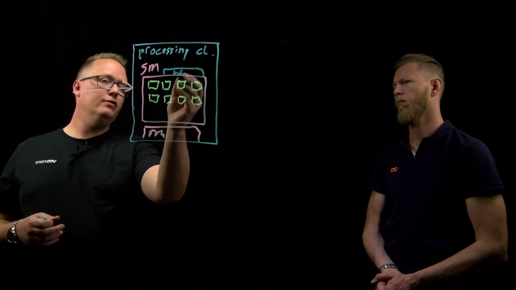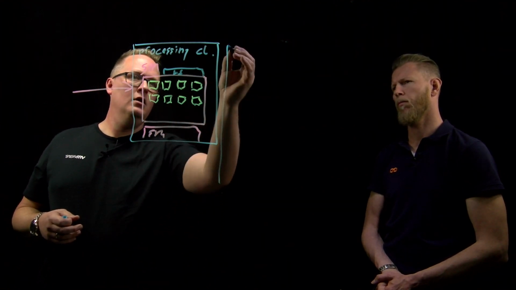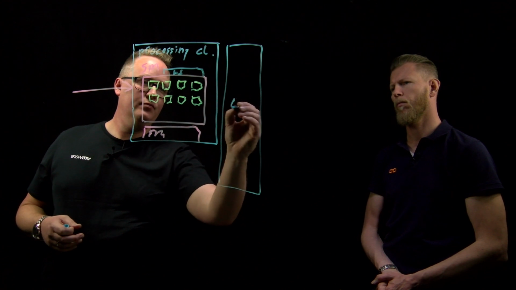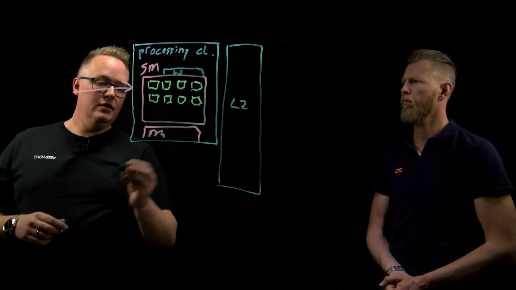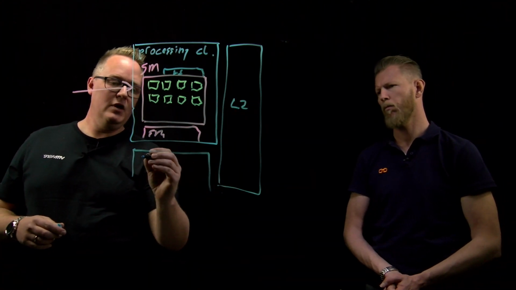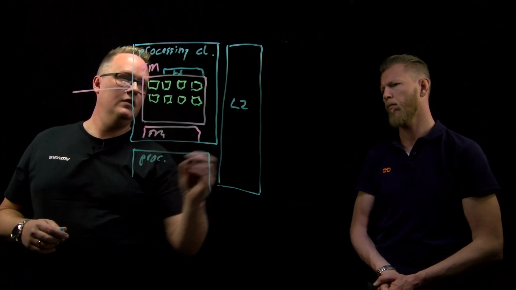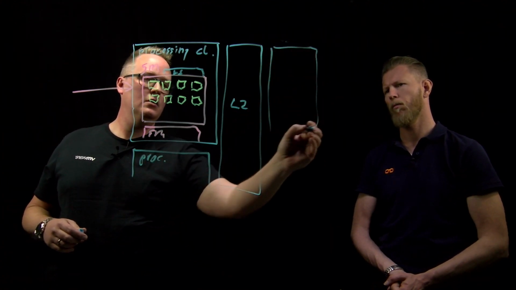So what we see, we have a layer 1 cache and we have a shared layer 2 cache. And again, we have multiple processing cores on this side as well.